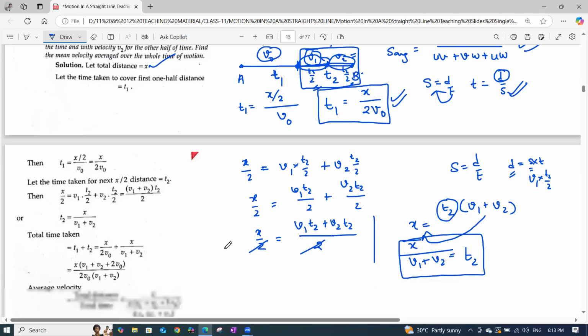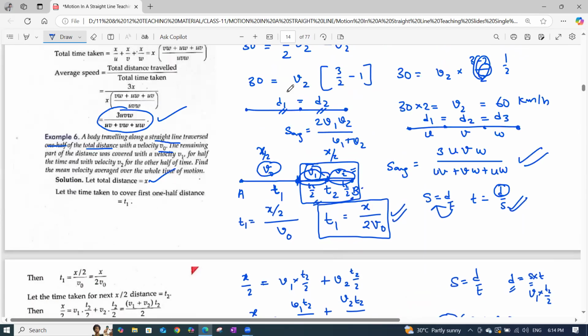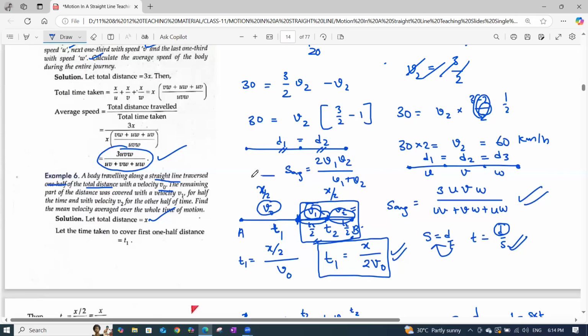Now what is average velocity or average speed? Average speed is equal to total distance traveled by the body in total time taken. What is total distance? Distance 1 plus distance 2. What is total time? t1 plus t2. Total distance is x by 2 plus x by 2, since d1 is x by 2 and d2 is x by 2.